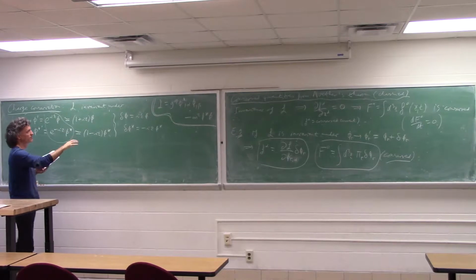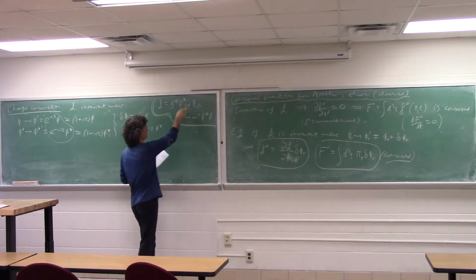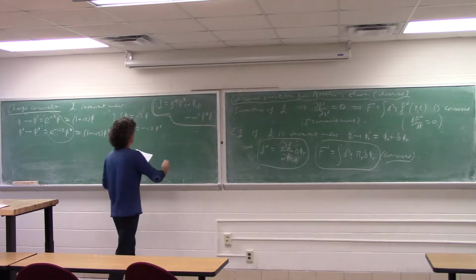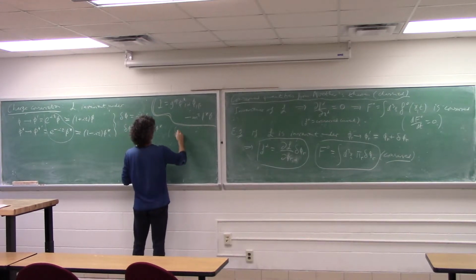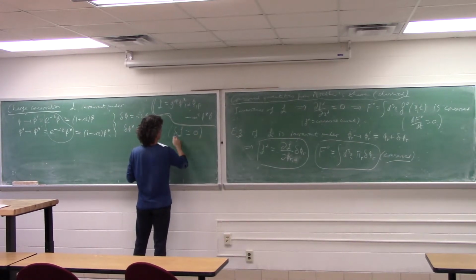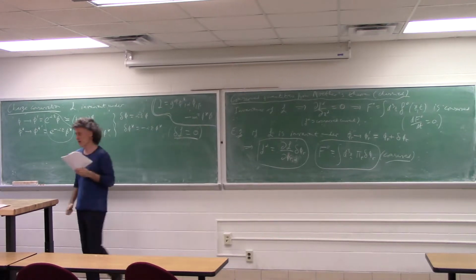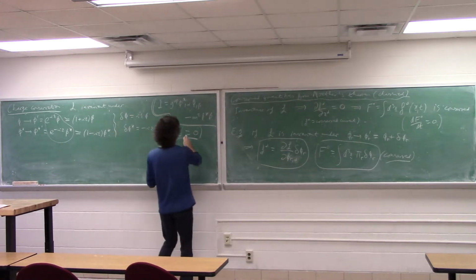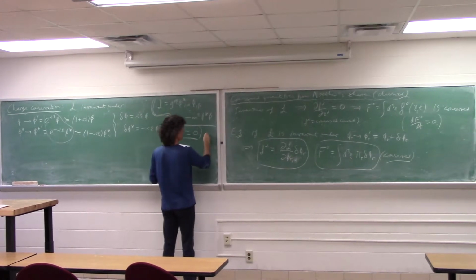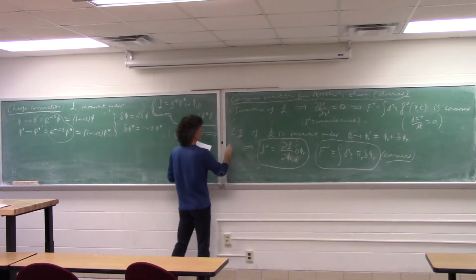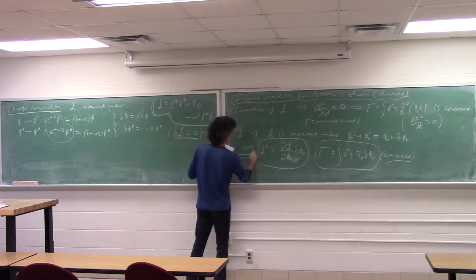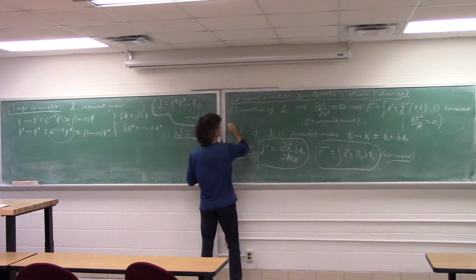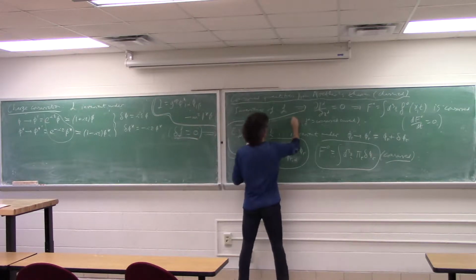If I change phi and phi star like this, the phases cancel in each term, and the Lagrangian density is invariant. The Lagrangian density does not change under this change of fields, and this implies this conservation law.